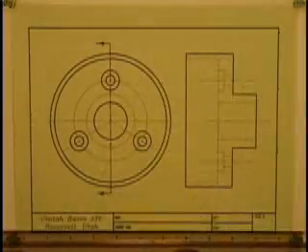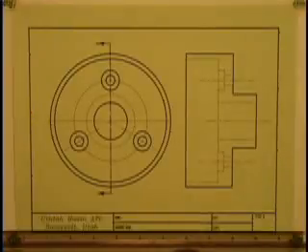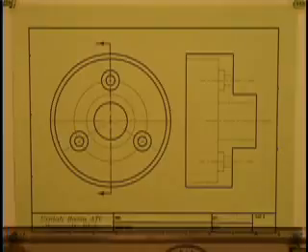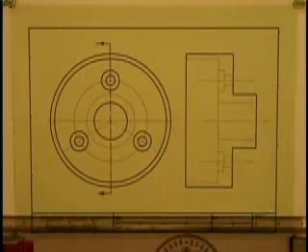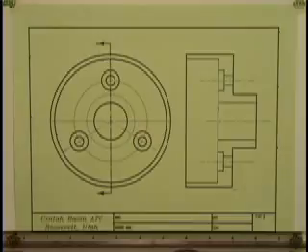And once that's gone, the next thing is to change all of the hidden lines into object lines. So give me just a minute and I'll do that. Okay, there we go. All of the hidden lines have been converted now to object lines.